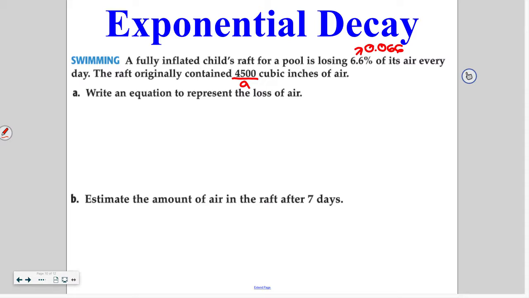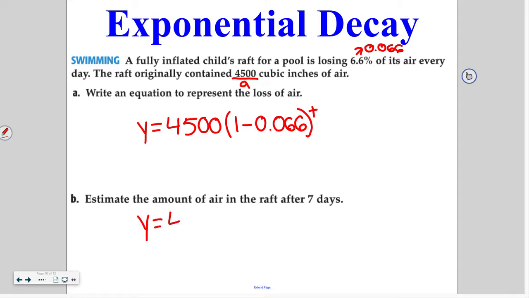So writing our equation, we have y is equal to 4,500. And then in parentheses, 1 minus 0.066 to the t power. It hasn't given us an amount of days yet, so we just plug in a variable. For the second part, it tells us that we are looking at 7 days.